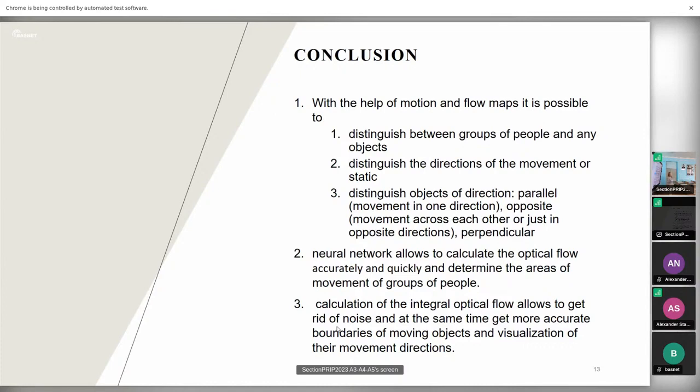So, integral optical flow gets rid of noise, and at the same time gets more accurate boundaries of the objects.